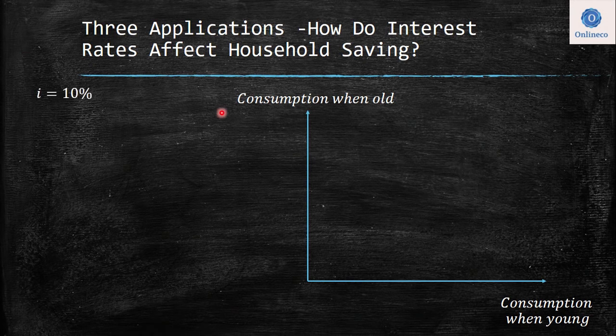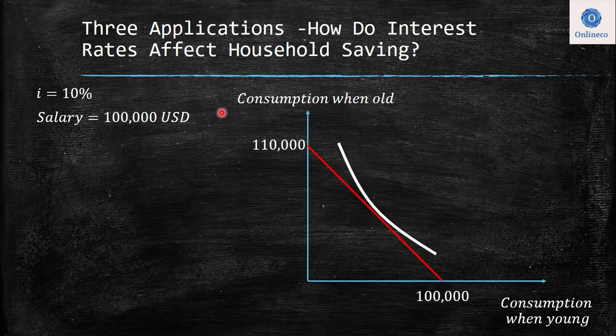The interest rate is 10%, your salary is $100,000, and this is your constraint. So you can consume everything when young, $100,000, or you can consume everything when you are old, $110,000. So this is the budget constraint.